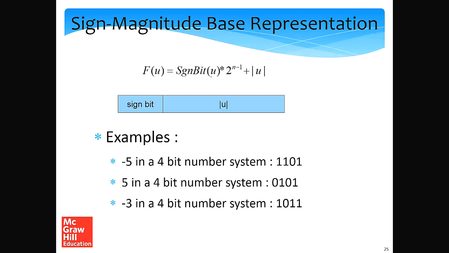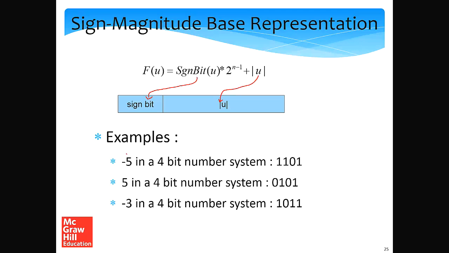We take the sign bit, multiply it by 2 to the power n minus 1, and add it to the absolute value of u. Alternatively, the absolute value of u is the least significant portion of the representation, and the sign bit, which is 1 if the number is negative, is the MSB of the representation. So this number system is actually very simple.